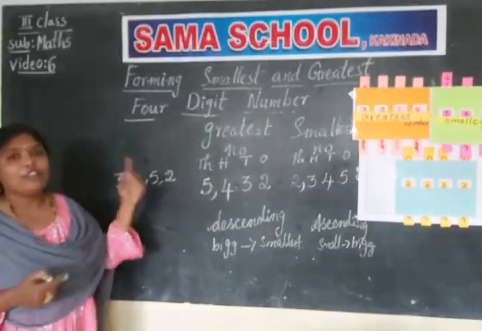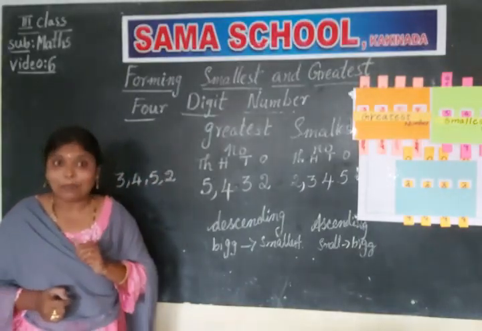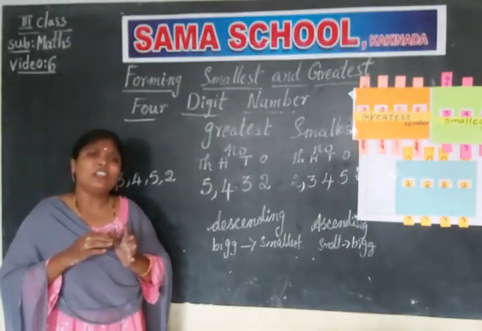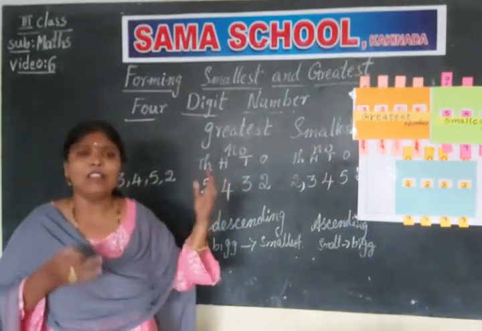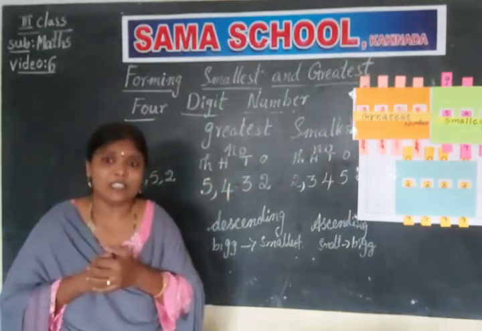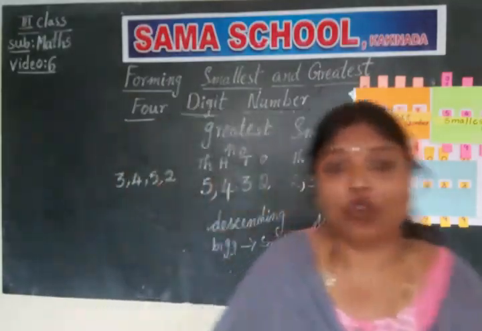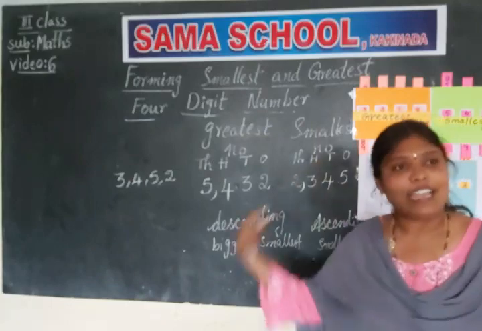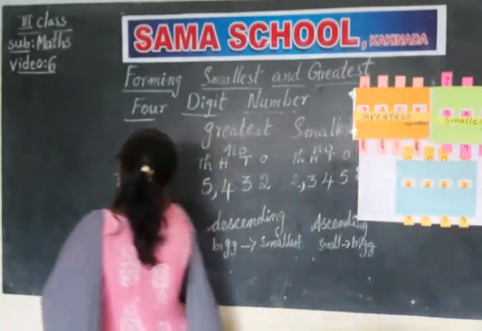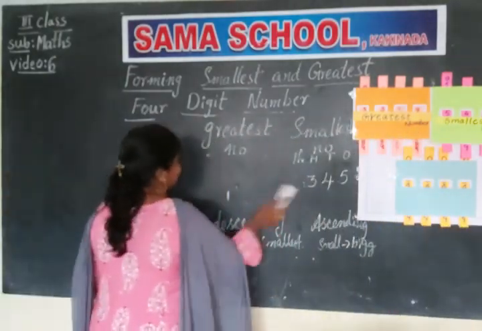Okay children, if you keep this point in mind, you can frame more numbers like greatest and smallest numbers if we give any digits. Now, I am going to give you more digits. Try to frame the greatest and smallest numbers using the given digits.